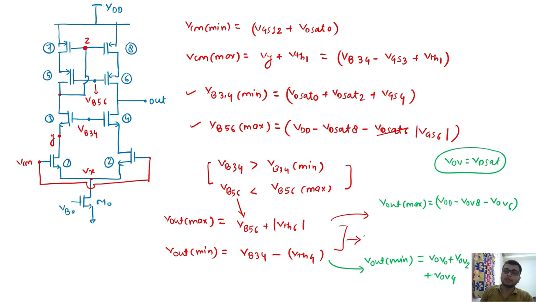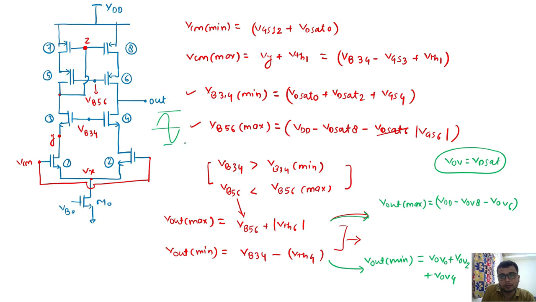So what we have to see, we can calculate the output maximum and minimum value individually. Then later we will see what the maximum value of output will be, meaning the minimum of these two, and the minimum value of output will be the maximum of these two values, red and green. So from there we can see what is the exact output swing we are getting.